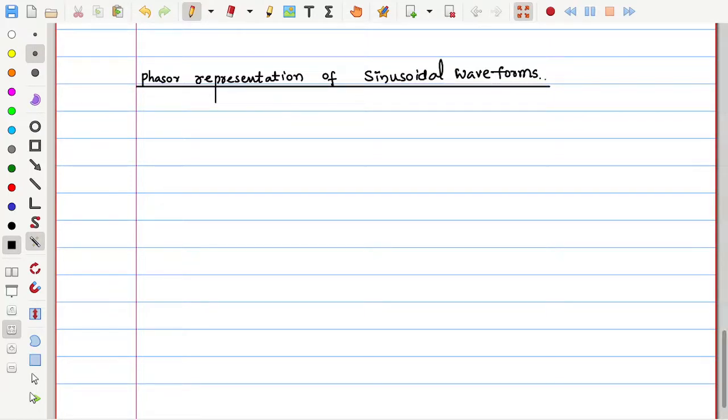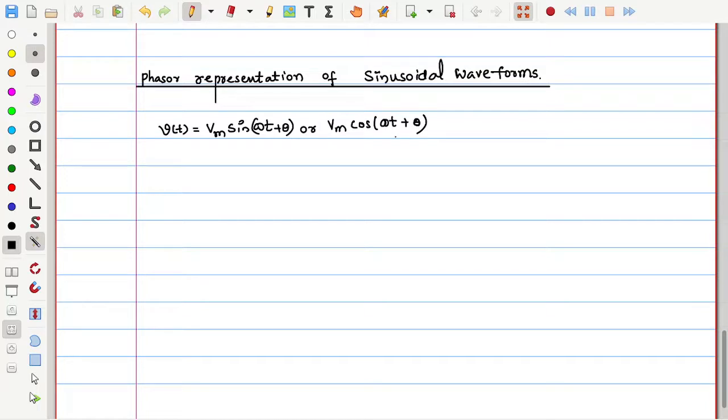Okay. So what are the sinusoidal functions? Generally, any function which has the pattern of either sine or cosine, like Vm sine omega t plus theta, or Vm cos omega t plus theta.